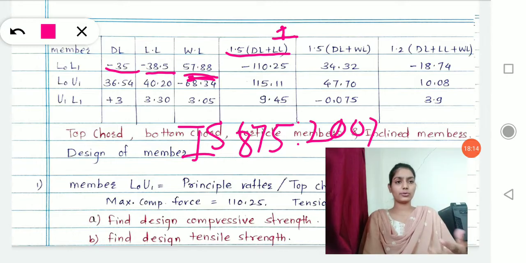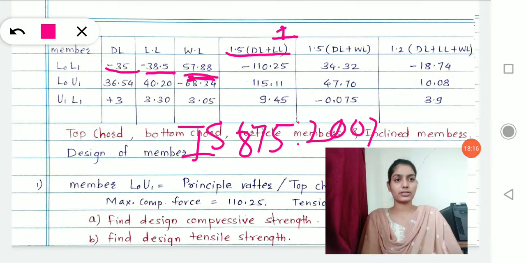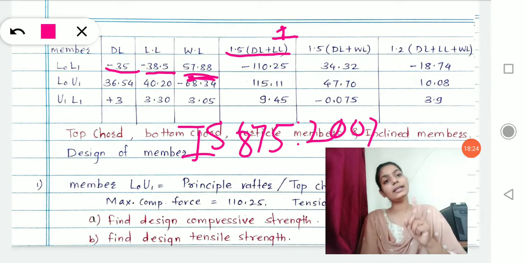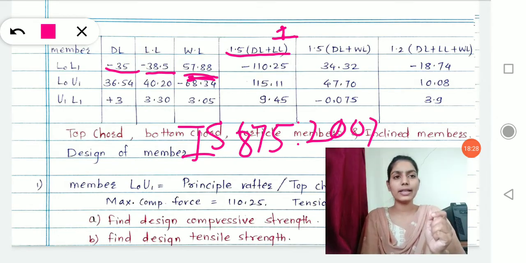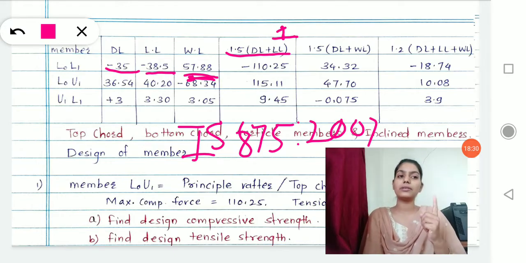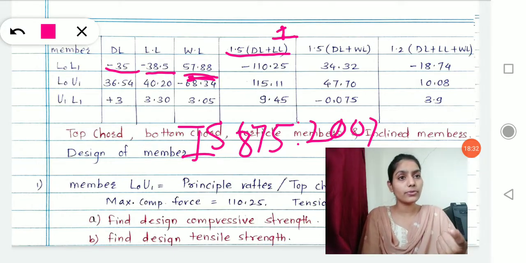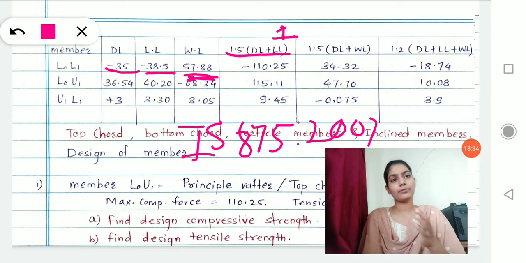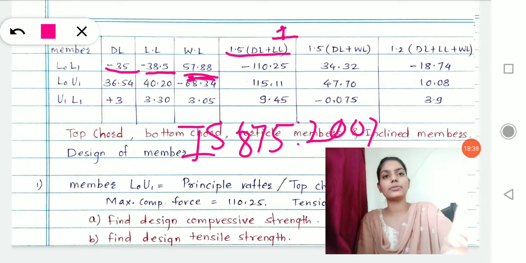Open your IS code, go to the load combination section, and you will find a table telling us about load factors. How much load factor you should take when you are adding dead load with live load, how much when you are adding dead load with wind load, and how much load factor you must select when you are adding all three forces at a time. I hope you understood this.